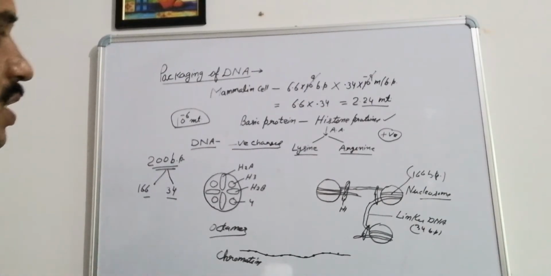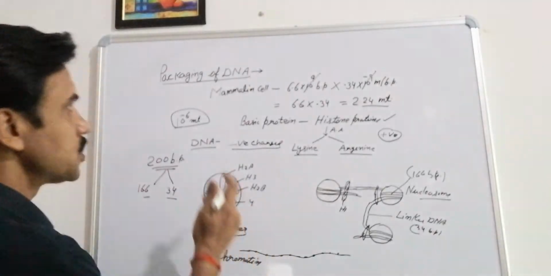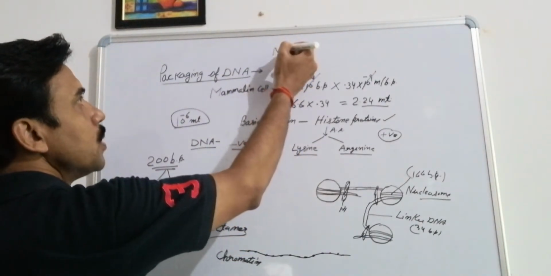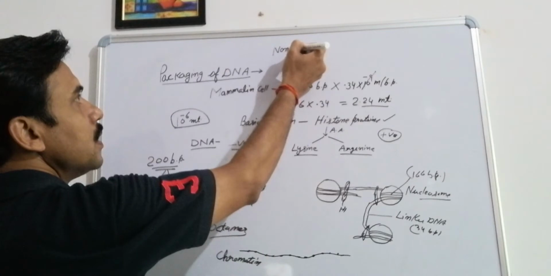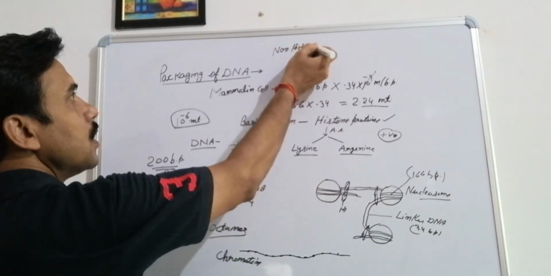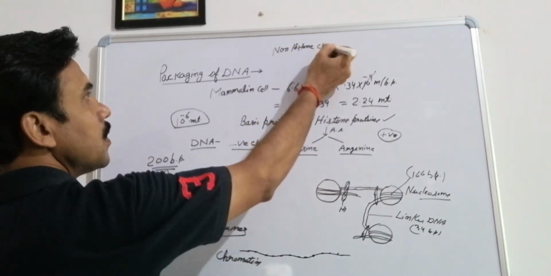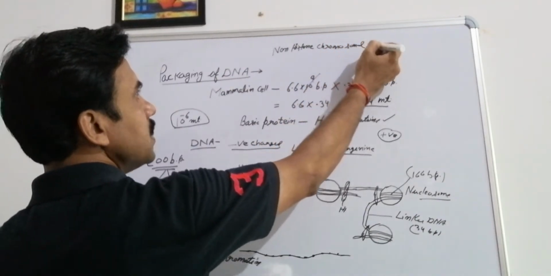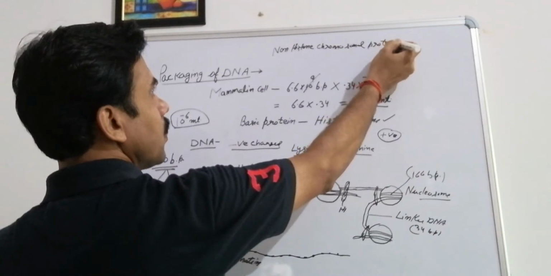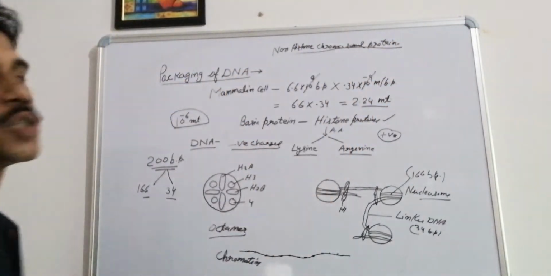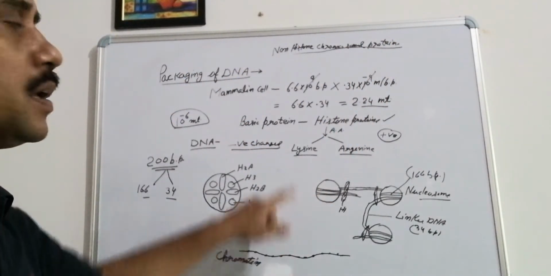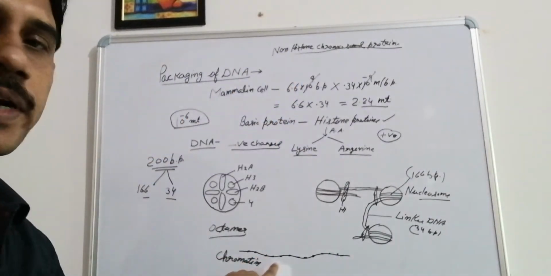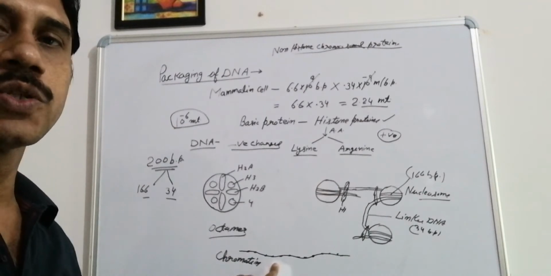Its condensation occurs with the help of certain proteins called non-histone chromosomal proteins. What function are these non-histone chromosomal proteins performing? These non-histone chromosomal proteins are actually helping this chromatin to pack in the form of a chromosome.